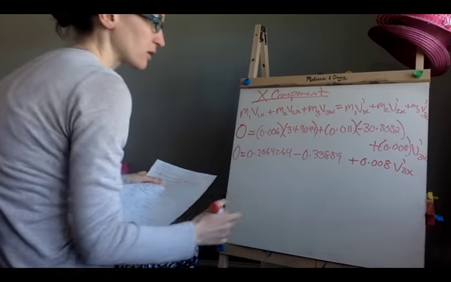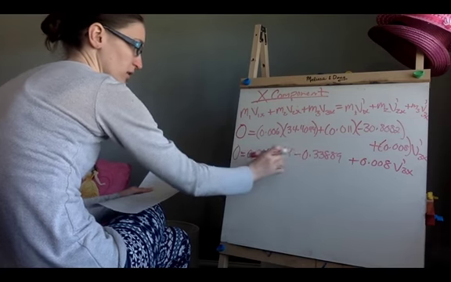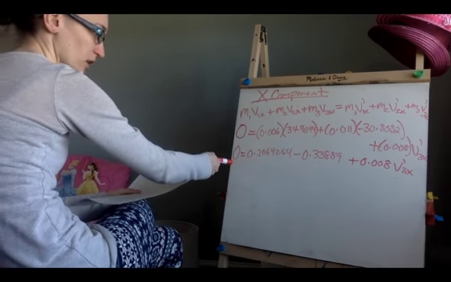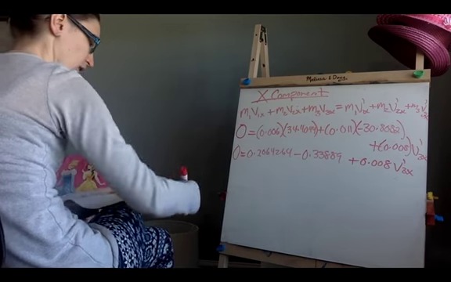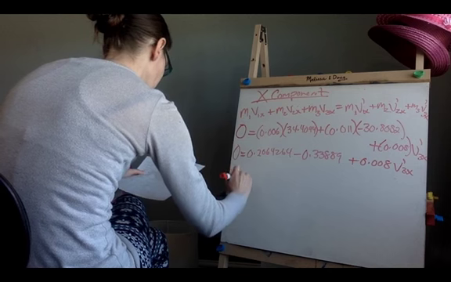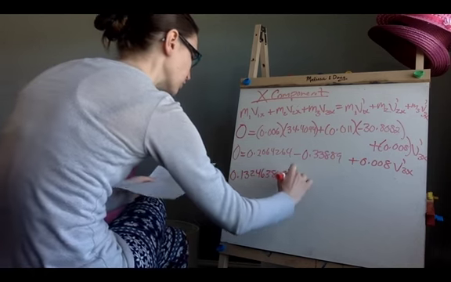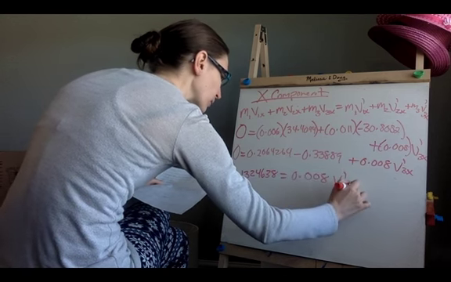So then I can subtract it from both sides to bring it over onto this side of the equation. When you subtract this, you get a negative, so when you bring it over to the other side, it becomes positive. So you get 0.132468 is equal to 0.008, and then the v prime 3x.